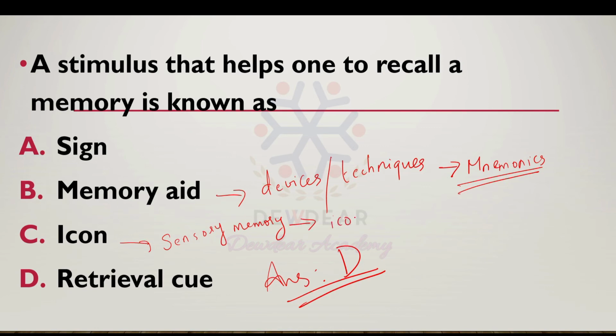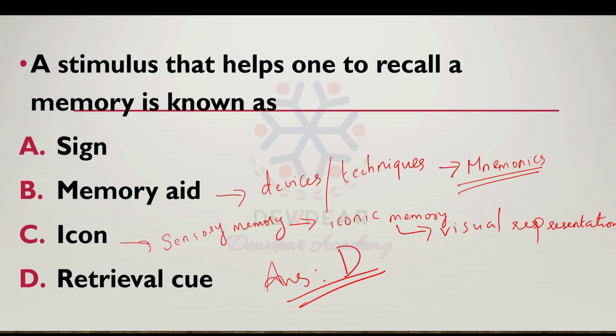Iconic memory is a type of sensory memory. Iconic memory means mental pictures of visual stimuli, or some kind of icons or snapshots are used. So it is a visual representation. Visual representation or a mental image is known as the icon.